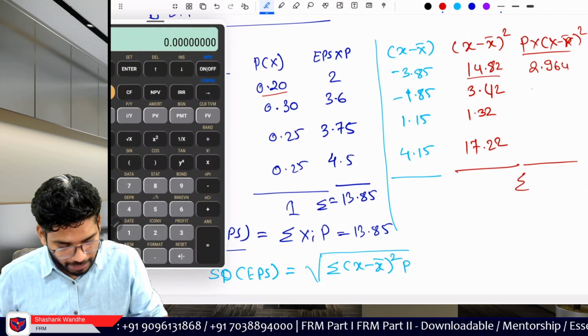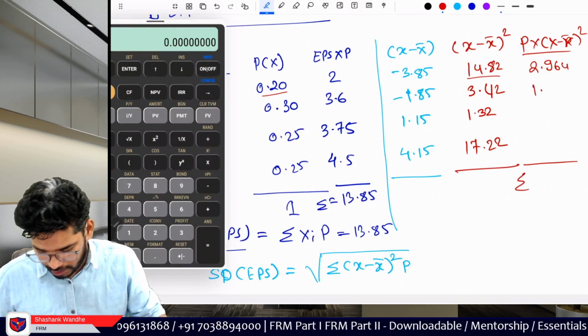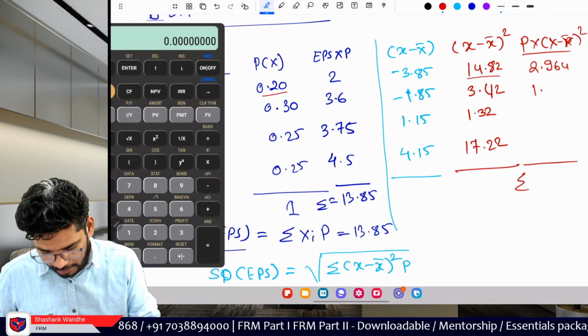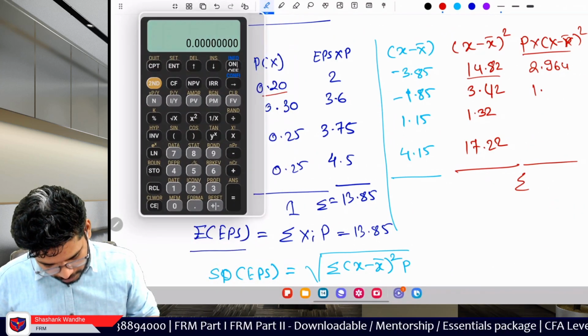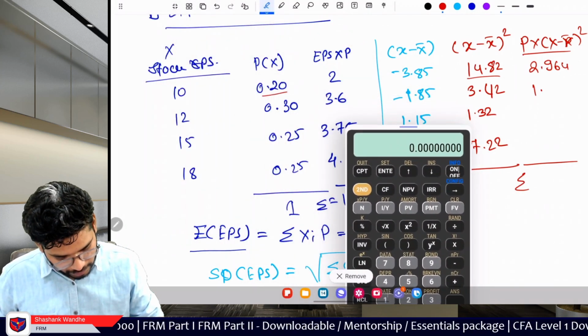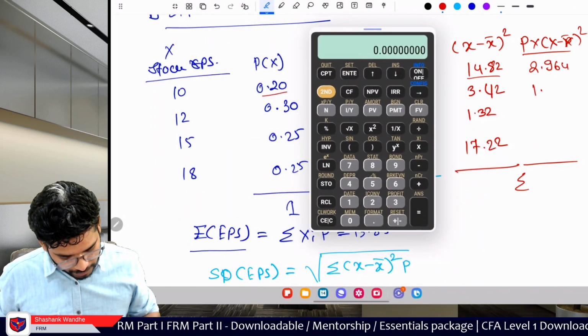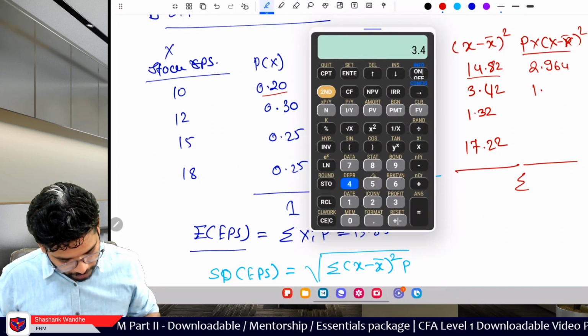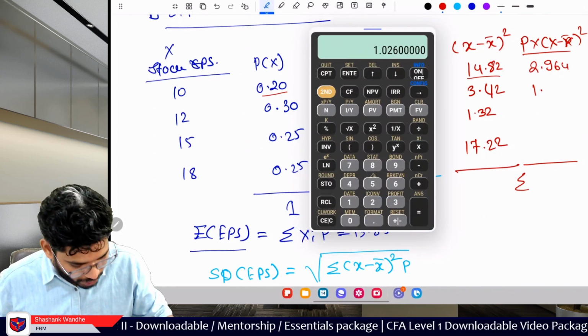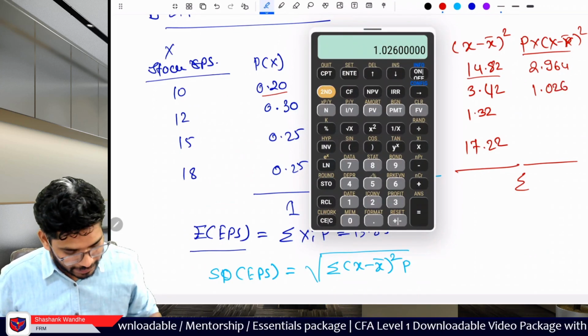Then 0.3 multiplied by 3.42, answer is 1.026.